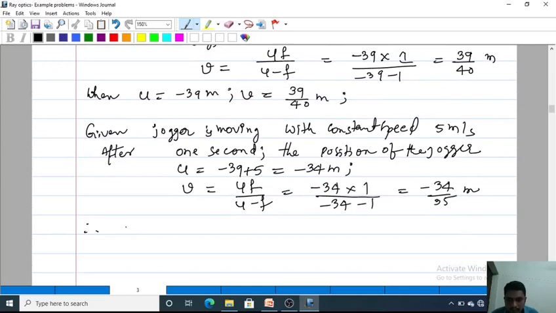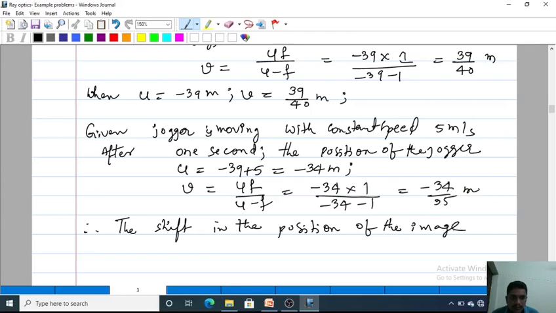Now I want to find the shift in the position of the image in 1 second.